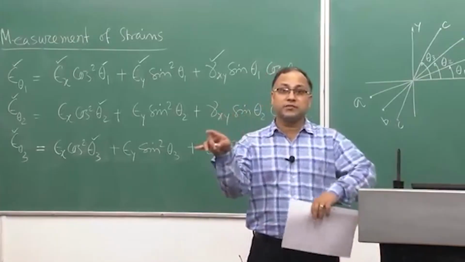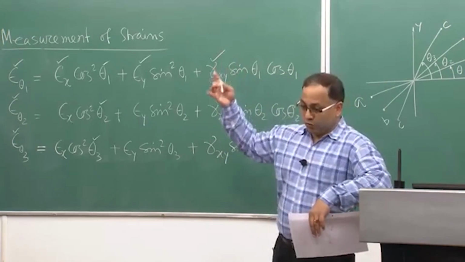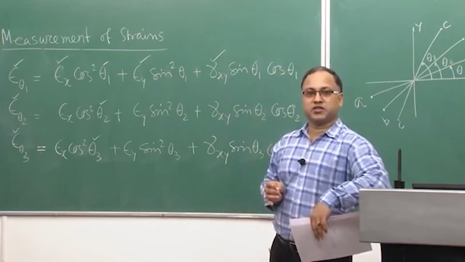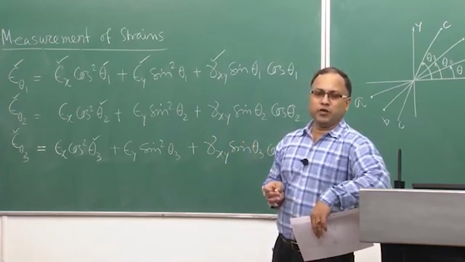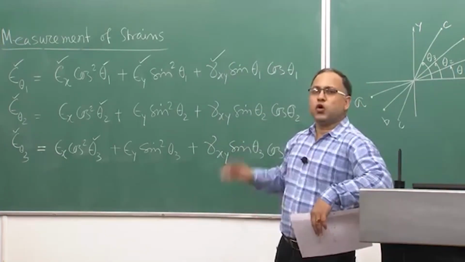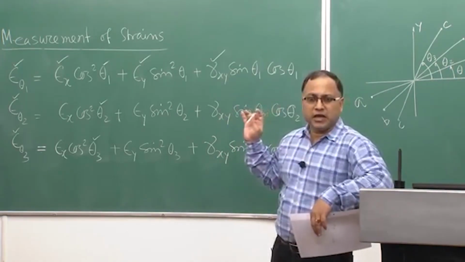Once you know epsilon x, epsilon y and gamma xy, the rest of the information, like what will be the principal strains, what will be the maximum shear strain, what will be your strain components in some rotated coordinate system, you will get immediately.